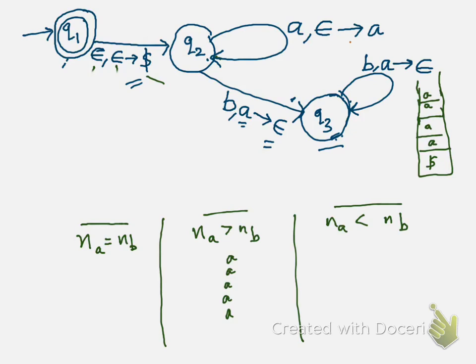So when I read the input on some B's, some of these A's are gone. My input is over, but still if I look at my stack, there will be 2 additional A's in my stack. So basically my input will be processed completely, but I won't hit the bottom of the stack.